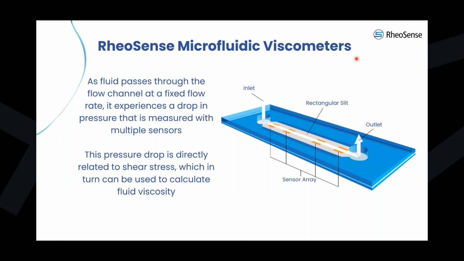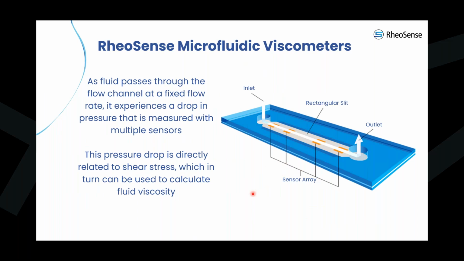As the fluid flows through the channel at a controlled flow rate, it creates a pressure drop due to the resistance of the fluid. This pressure drop is measured with multiple pressure sensors along the channel and is directly related to shear stress. Using that, we can calculate the fluid's viscosity.